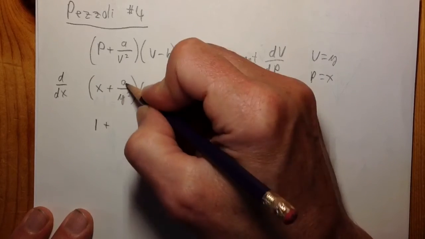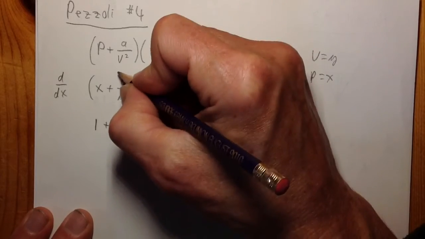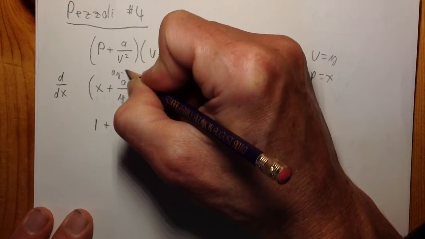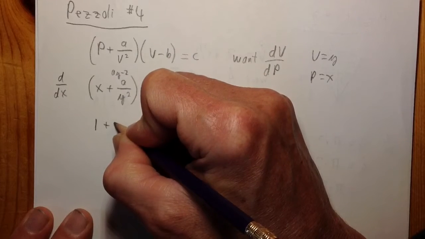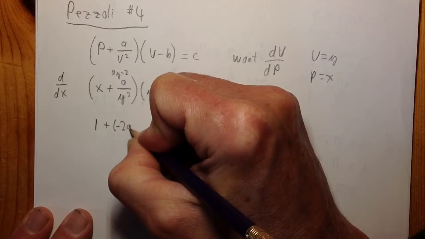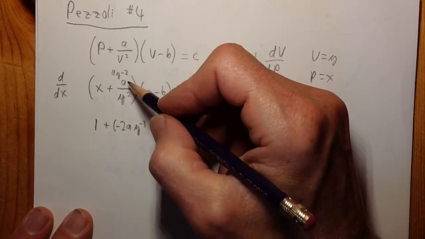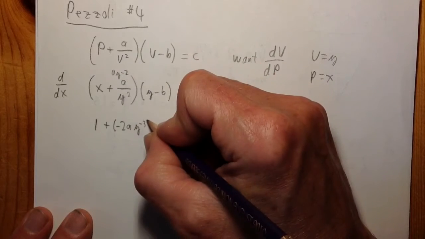Plus the derivative of A over Y squared, that's like AY to the negative 2, right? I should have written that earlier. So that's plus negative 2A y to the negative 3, right? A is a constant, so negative 2 take away 1, yep, that's right.